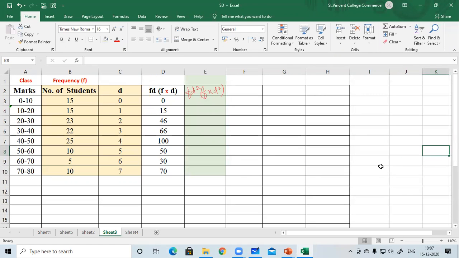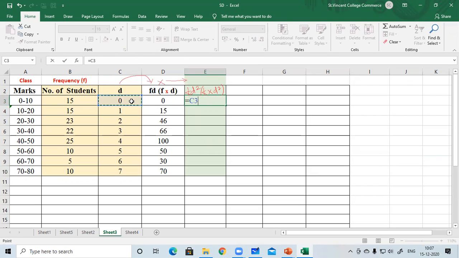To get FD square, you have to take D and multiply it by FD. So basically, 0 into 0 is 0, and 1 into 15, 2 into 46. That's all I have to do.